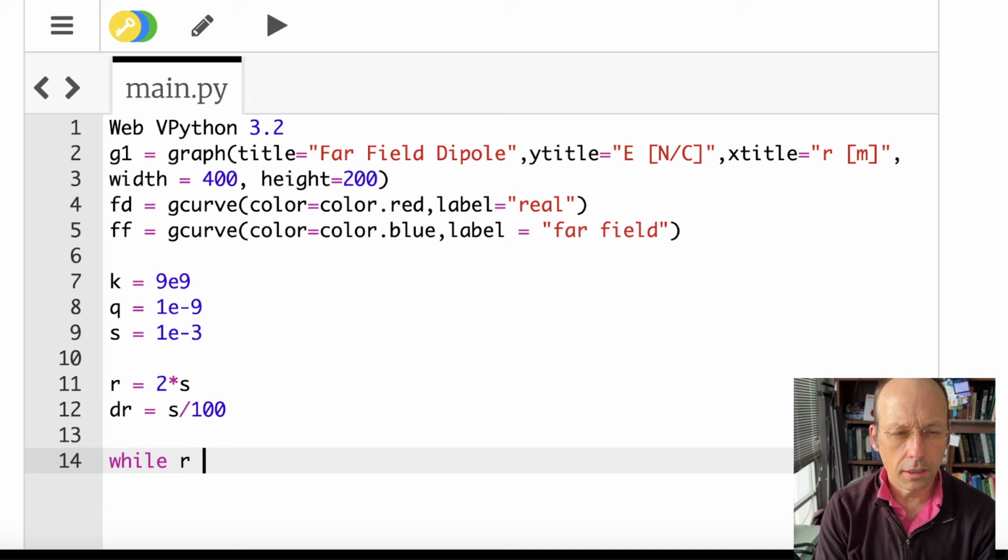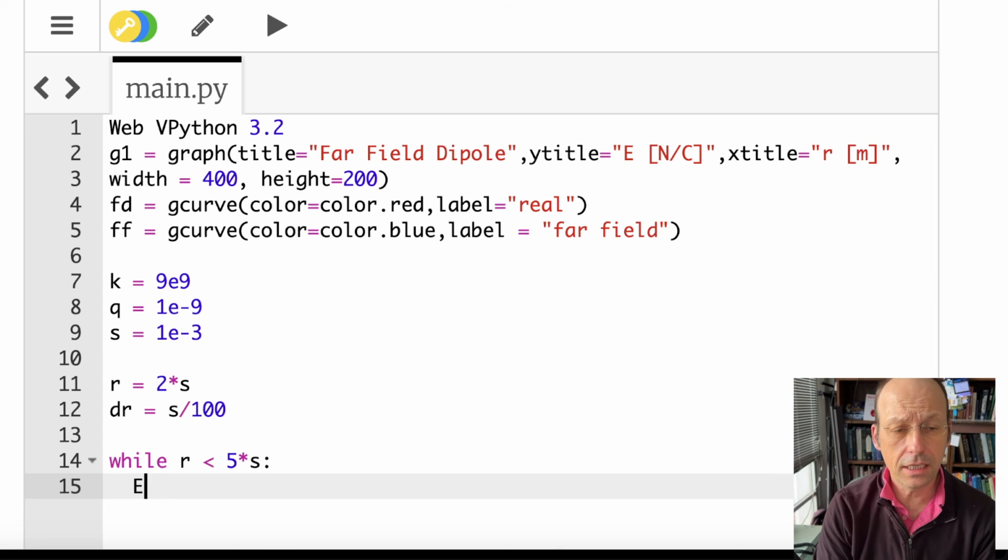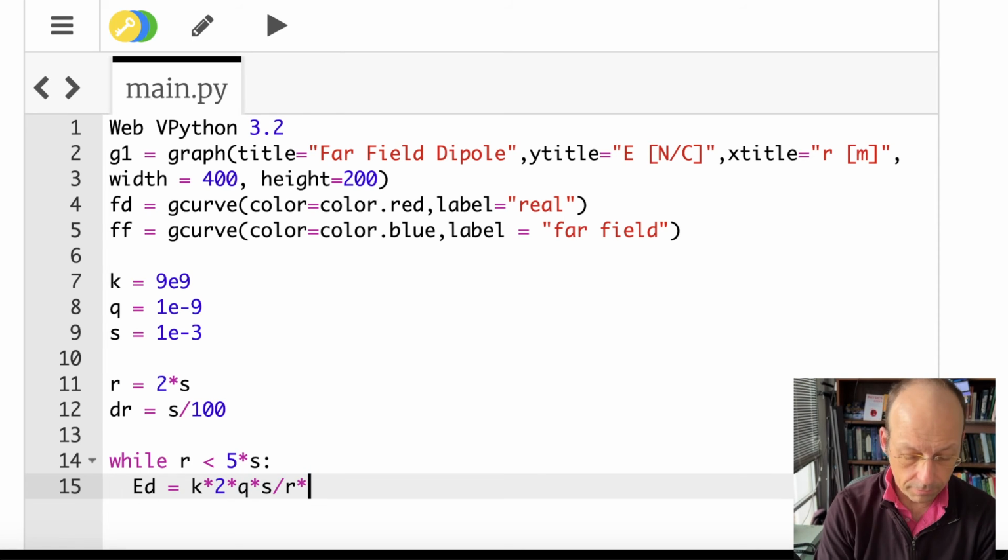While R is less than, let's say, 5 times S, so I'm going to go 5 distances away, and we can change that up later, do the following. Number 1, calculate the dipole. I'm going to write this as just ED, K times 2 times Q times S divided by R cubed. That's my dipole equation right there.